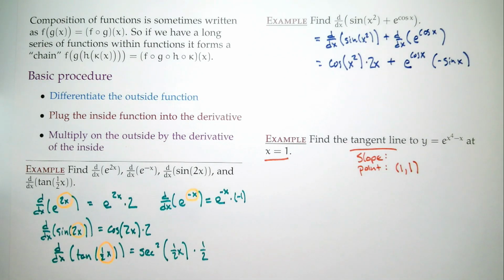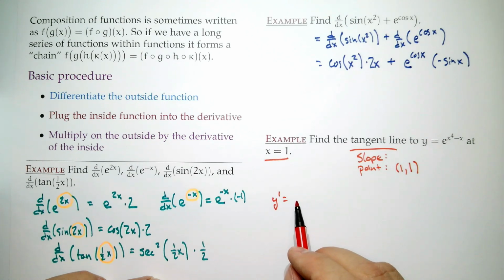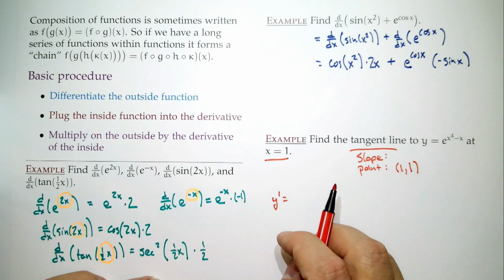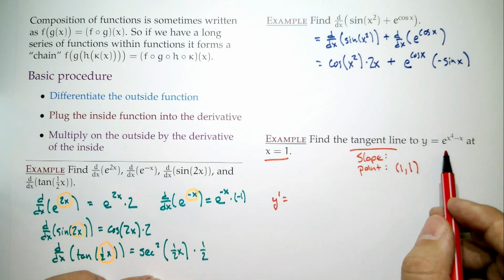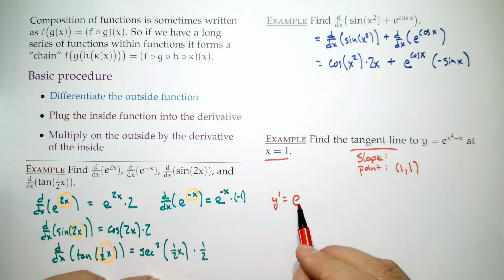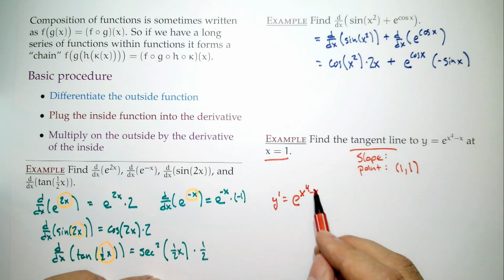All right, for our slope, what do we need? The derivative. So, what is y prime? How do I start it? Yeah, so it's chain rule. Derivative of the outside, e, what goes into the exponent? X to the fourth minus x.